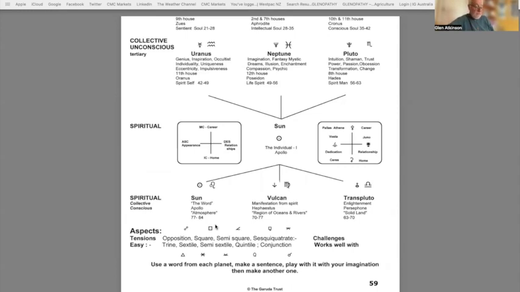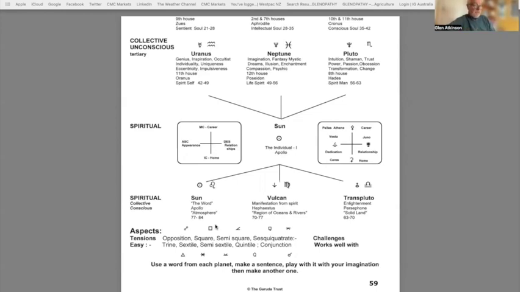And Trans-Pluto, Persephone, is really this unconditional love and seeing one species of humanity and functioning in a very compassionate manner. But it also has creative visualization as one of its talents. By organizing the spiritual forces, manifestation takes place.